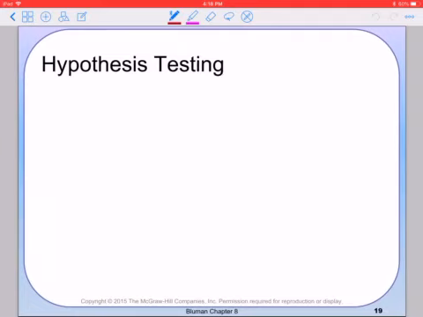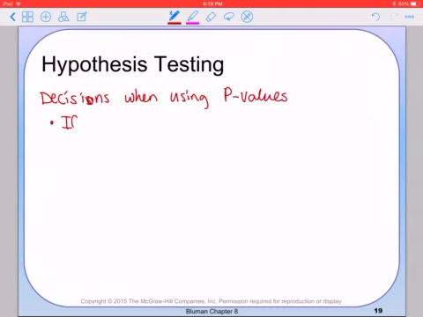So we want to do hypothesis testing here. We want to make some decisions when using p-values. Okay, so if the p-value is less than or equal to alpha, then we reject the null hypothesis.